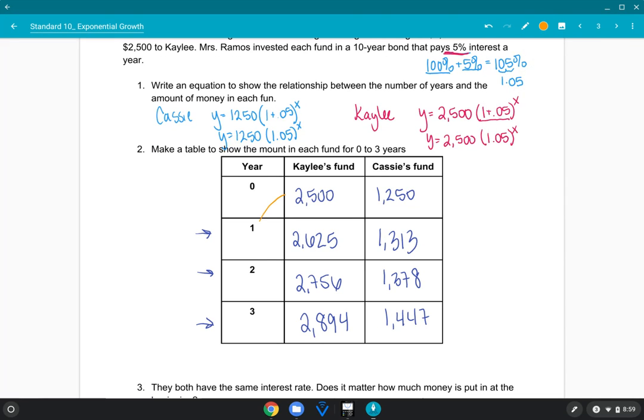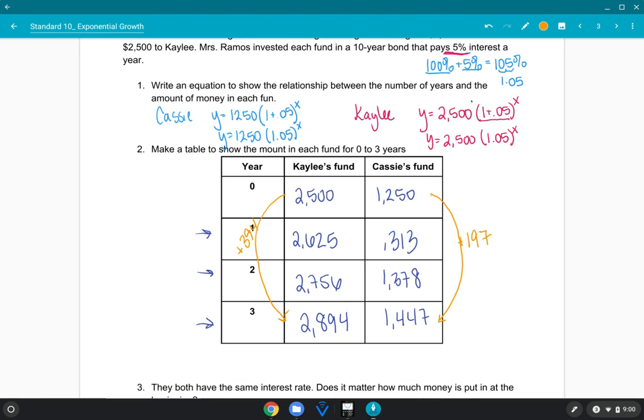So I'm going to write this down. Look from here to here. Kaylee added $394 over 3 years. Let's look at this one though. That's not even $200. 197.